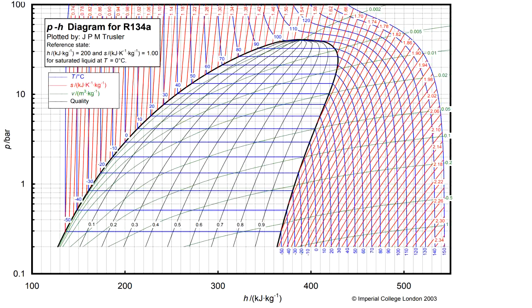And now, how does the pH diagram work and what do we have here? On the y-axis, we have the pressure here in bars, and you can see that it's a logarithmic axis. So we go from 0.1, 1, 10, 100 bars over here. Then, on the x-axis, we have the enthalpy in kilojoules per kilogram.